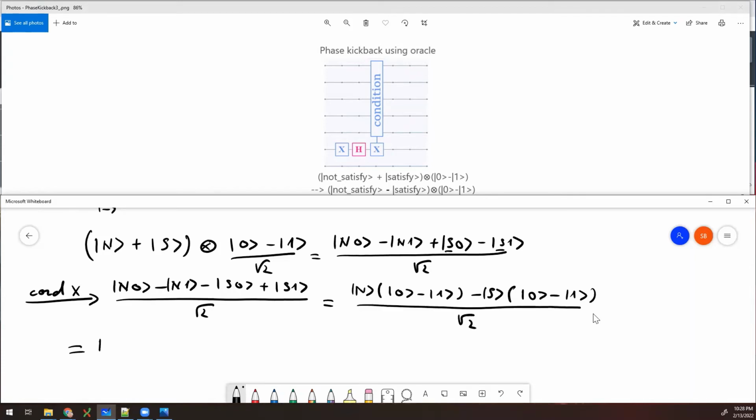And this is equal to N minus S, and then the target left in the minus state. This is what we expected to happen. All the states that satisfy the condition will gain a phase. This is a little more difficult to show in our simulator, but I have shown it in the Grover search explanation video.